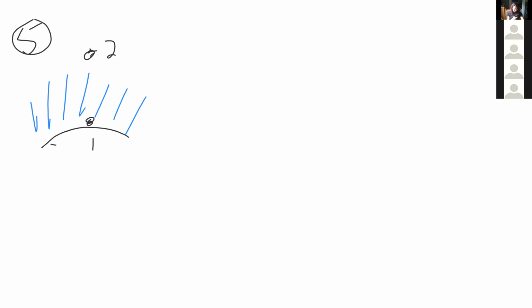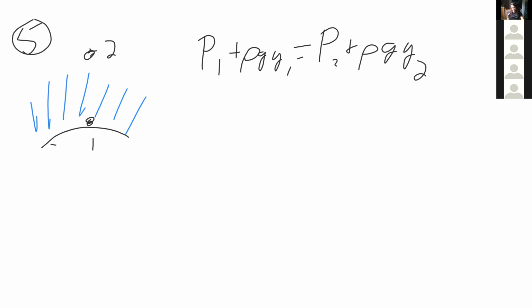I know that the pressure at 1 plus the rho g y at 1 has to be equal to the pressure at 2 plus the rho g y at 2. Whenever there's a height consideration with pressure, this is the equation to go to always. How does it work out in this particular problem? At point 1, we are at a height of 0, so this term will go away. And at point 2, we're at a pressure of 0, so this term goes away.